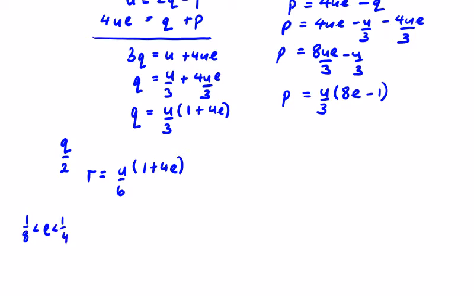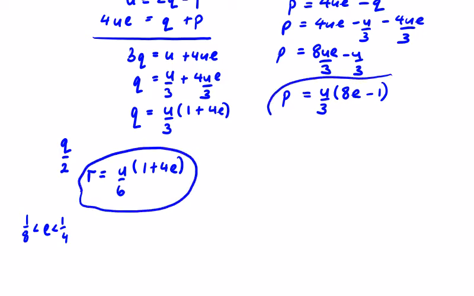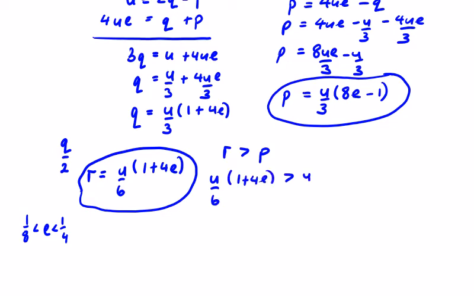For them to hit each other again, B has to be traveling faster than A, otherwise it's never going to catch it. So B's speed has to be greater than P. So u over 6 times 1 plus 4e has to be greater than u over 3 times 8e minus 1.